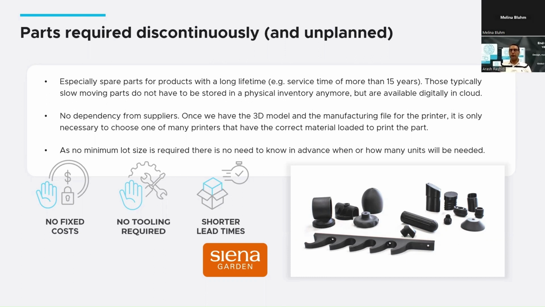This also helps the companies to get less dependency on their suppliers, because as soon as you have the 3D model and the manufacturing file for your printer, it's only necessary to choose one of the many, let's say, print farms or service providers that are around that have the correct material, and then you can directly print your part.